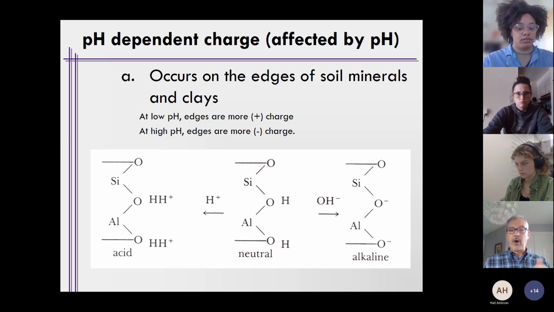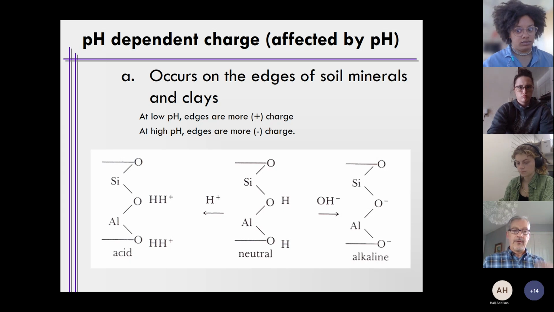And those areas are all affected by pH. So here's an example of something that we call pH dependent charge. When I ask students, how do soils become negatively charged? You would say, okay, number one, isomorphic substitution, and number two, pH dependent charge. And then you should be able to tell me what isomorphic substitution is. You just relearned it. And then you should tell me how pH dependent charge arises. And we're going to talk about that now.